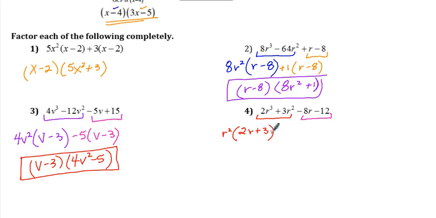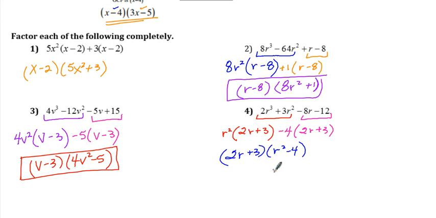Pink group, my greatest common factor appears to be a negative 4. So let's leave behind a 2r plus 3. Oh good, these match. Therefore, I will take 2r plus 3 as my first factor, and then r squared minus 4 as my second factor.